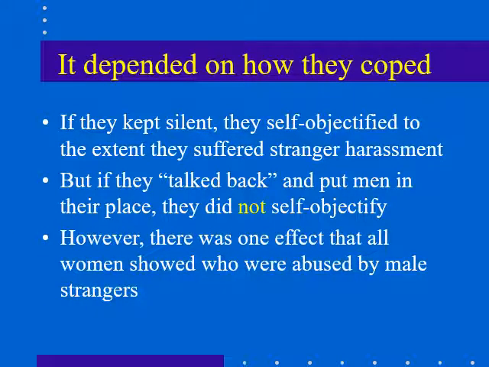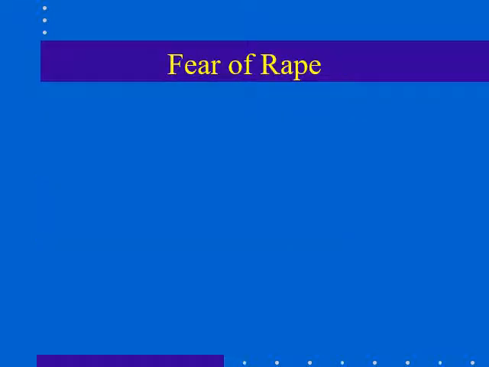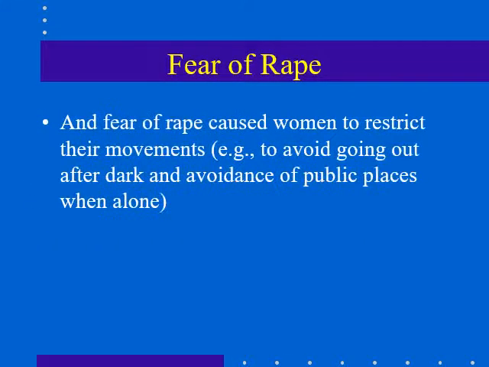However, there was one effect that all women showed who were abused by male strangers, regardless of their coping strategy, and that is increased fear of rape. And fear of rape then caused women to restrict their movements. For example, they were less likely to go out after dark, and they were more likely to avoid going to any public places when they were alone.